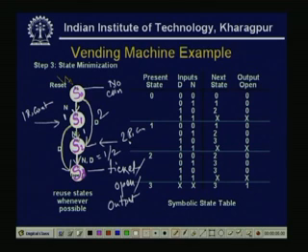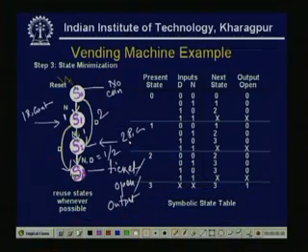Now, see that earlier, from the problem statement, the state transition we had done used 9 states. Now these 9 states have been reduced to 4 states only.